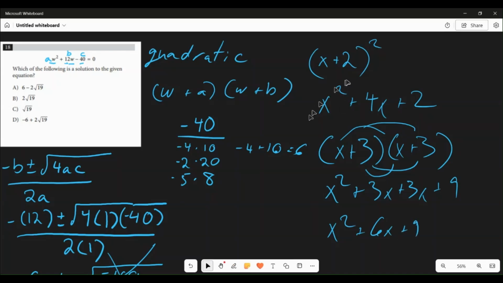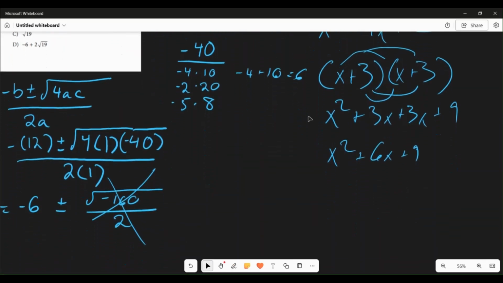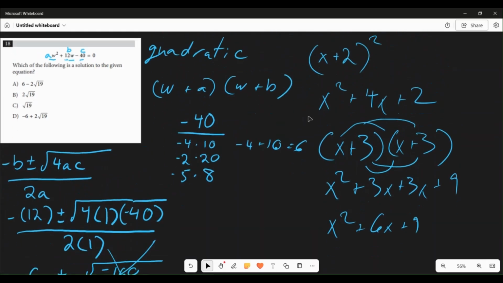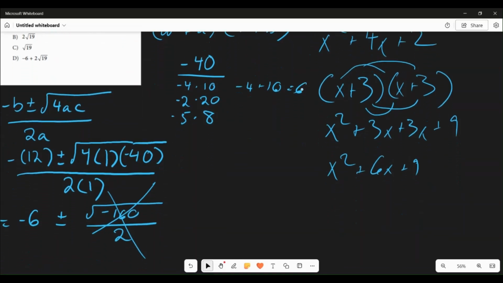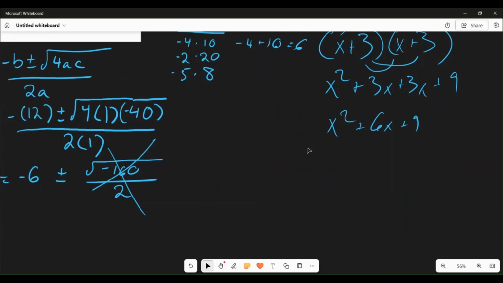So this is a special property of binomials: when you square a binomial term, which is just some x variable plus another variable, they always follow this pattern. Say we have x plus a squared. It's always going to be x squared plus 2ax, so whatever a is, you multiply it by 2, and then plus a squared, right?